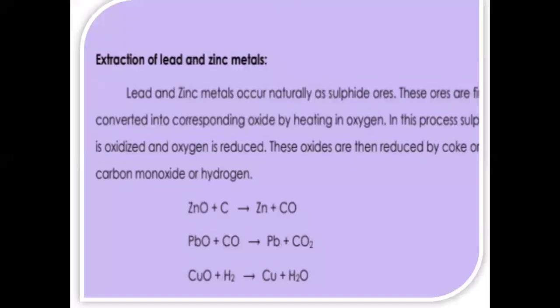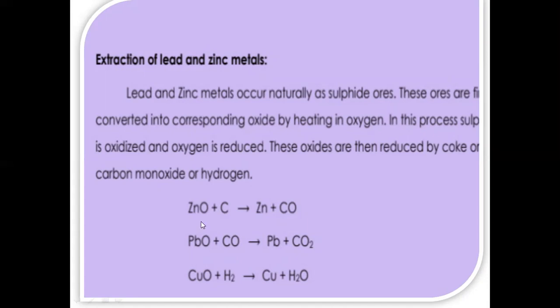Extraction of lead and zinc metal. Like iron, we can extract other metals from their ores by using reducing agents. The reducing agent will react with the ores of lead, zinc, and copper and give metallic zinc, metallic lead, and metallic copper. In this process, sulfur is oxidized and oxygen is reduced. These oxides are then reduced by coke, carbon monoxide, or hydrogen.